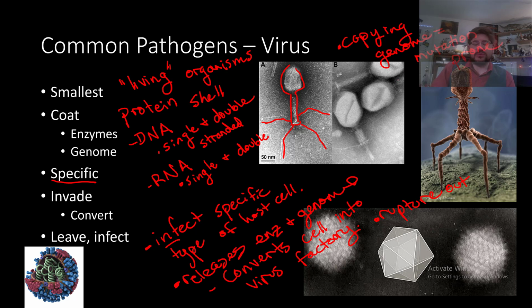So all those mutations help viruses adapt, because they constantly have to adapt to the immune system, because the immune system is all about recognizing and destroying viruses. So it's this constant arms race. It's pretty cool.